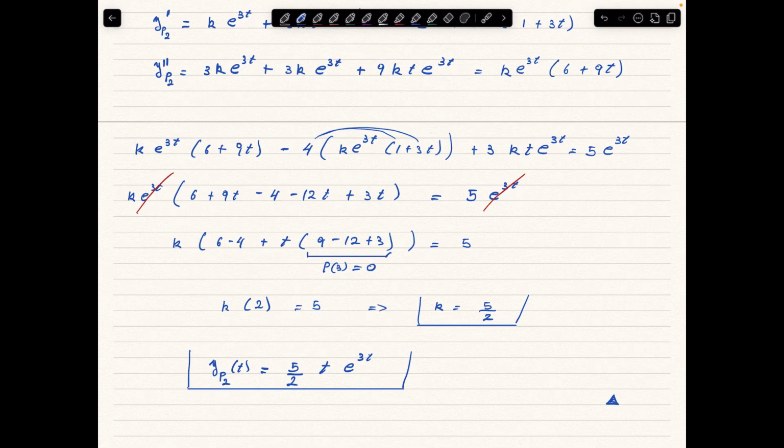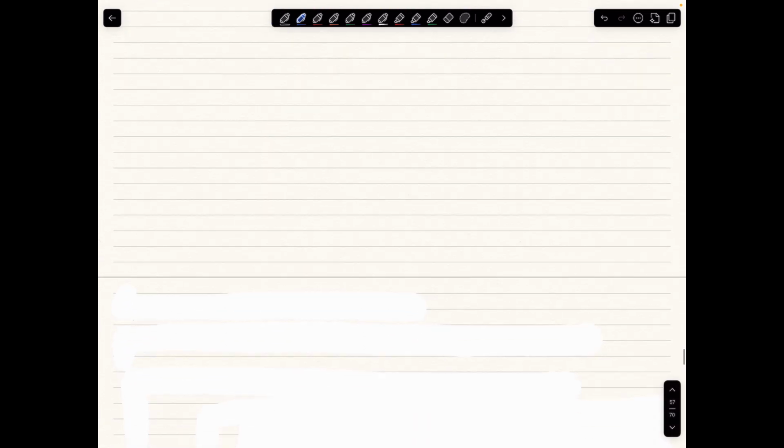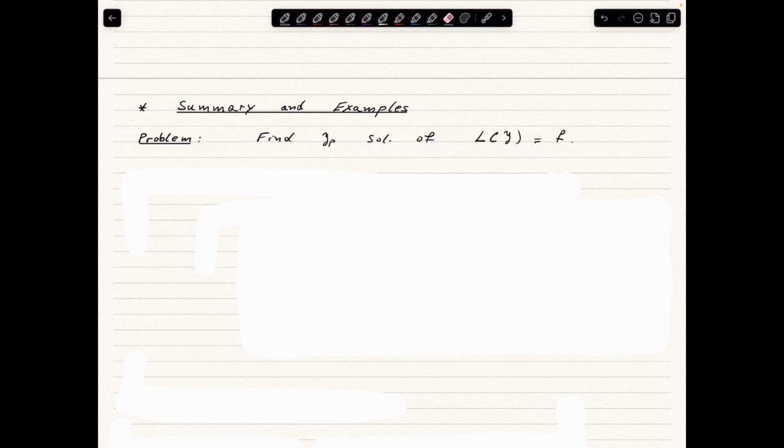Okay, after these two examples we have a rough idea of how this method works, guessing. So here is a little bit of a summary. Suppose we have to solve this problem, find the particular solution of a non-homogeneous linear differential equation of second order with constant coefficients.